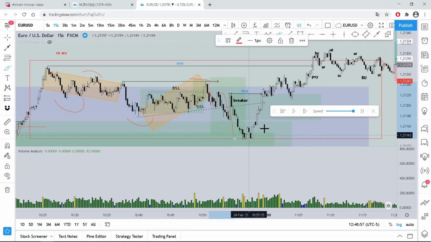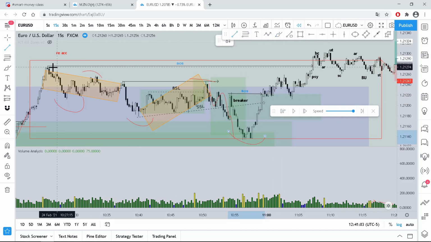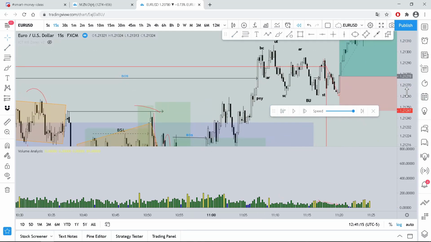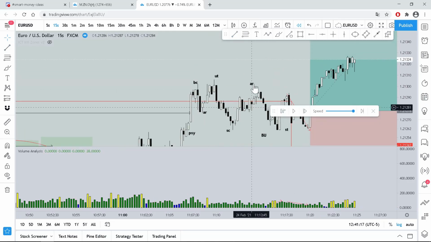This was the creek, which itself was an accumulation on lower time frames with a spring, and then the break of market structure happens right here when price breaks and closes above this particular high, which was the highest high of this entire range. So after price broke this high, I identify yet another reaccumulation.